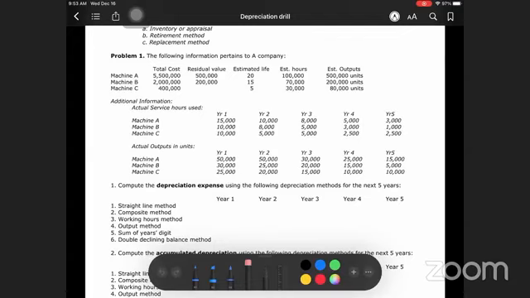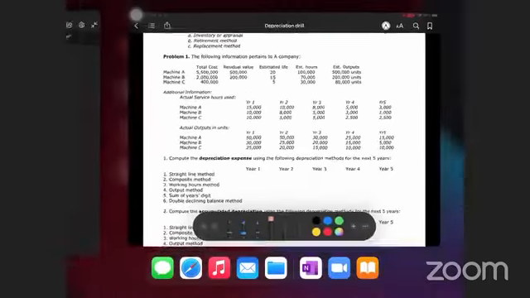Double declining, therefore 200%, okay, times 2 ang imong rate gamiton. Okay, so let's answer this problem number 1. So just look in your copies para dirita mag-answer ta.